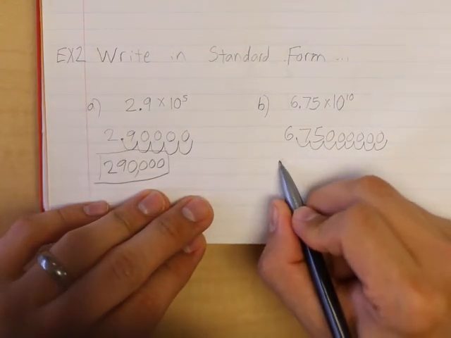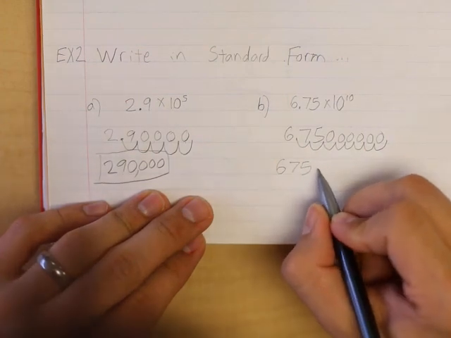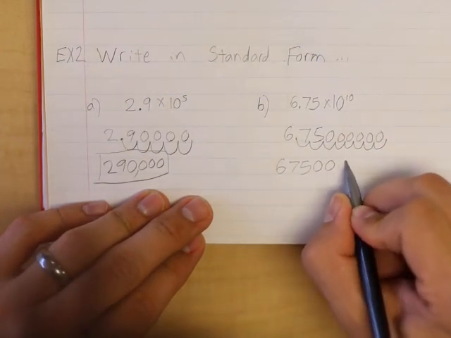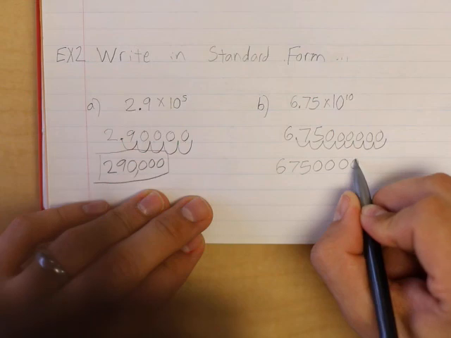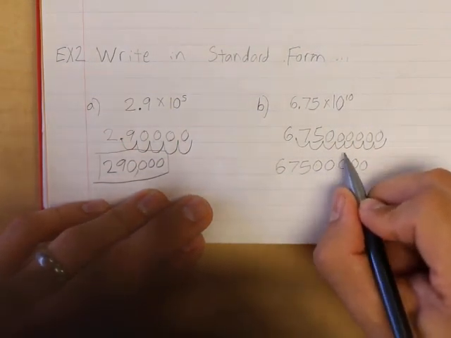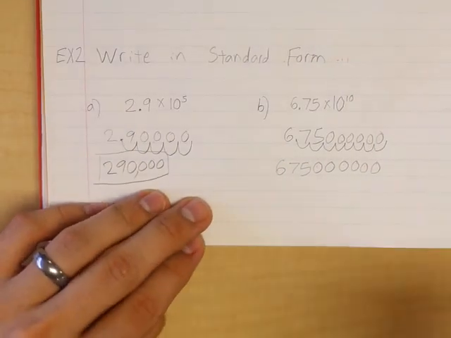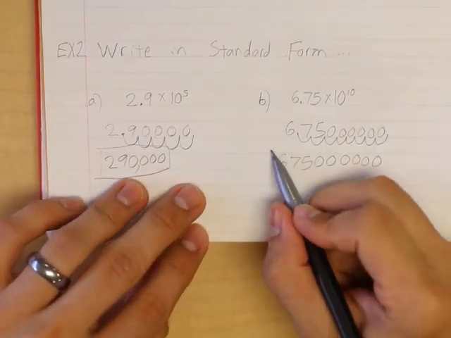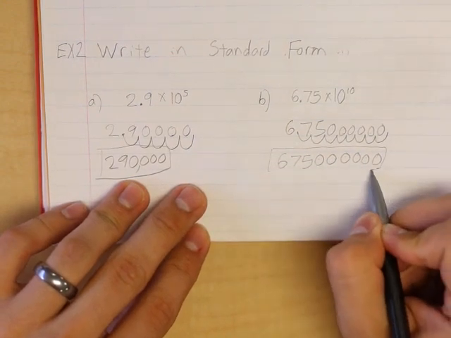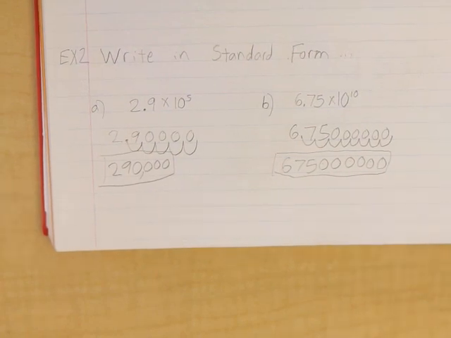Copy it back down where you have 6, 7, 5, 0, 0, 0, 0, 0. Got my 0 there, 0 there, 0 there, 0 there, 0 there. Oh, almost missed a 0. Always double check. If you don't double check, well, man, you're going to pay for it. So, we're done. That's it for this section.